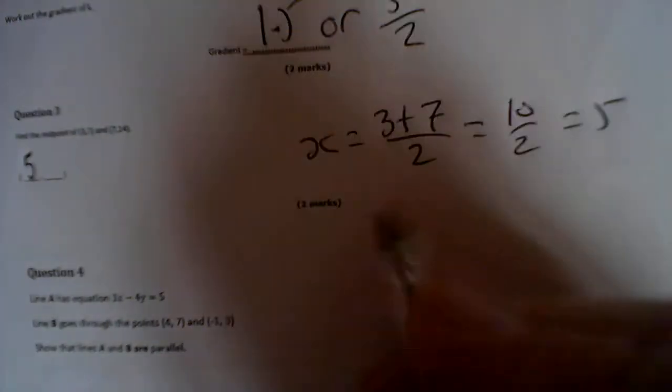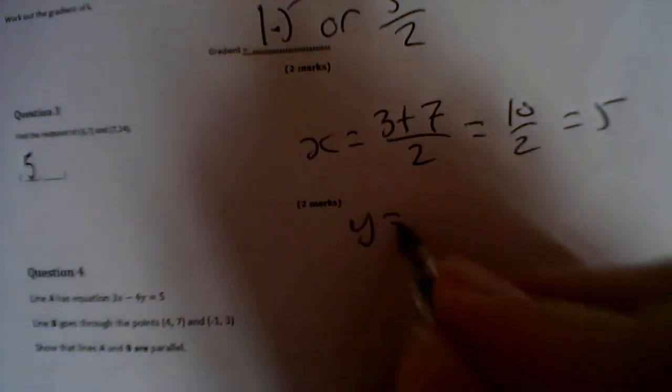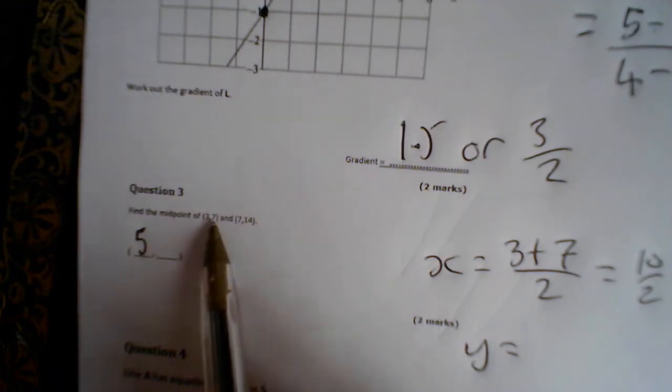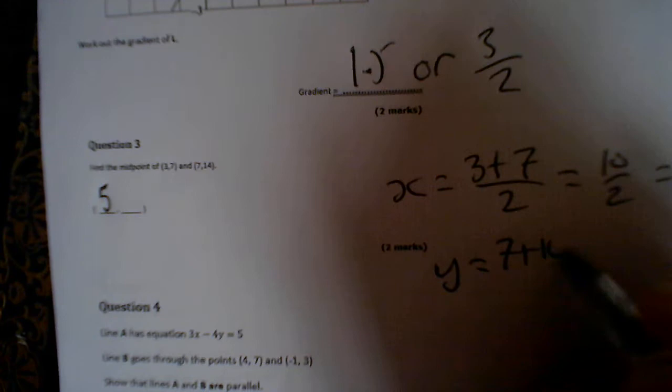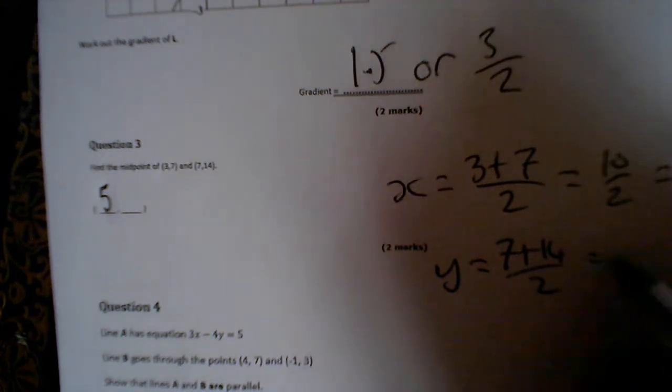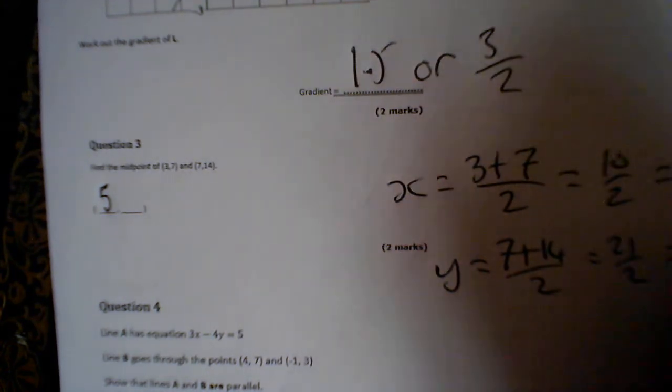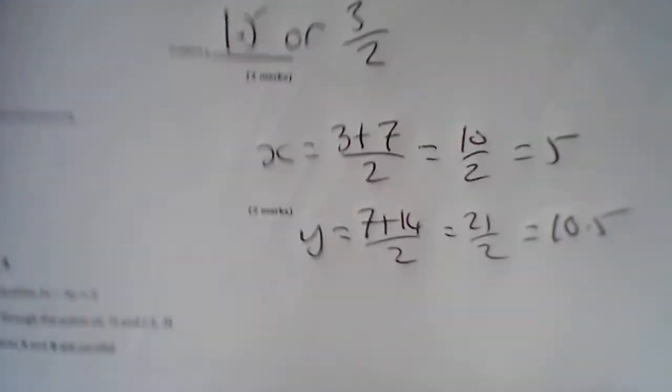And then the y midpoint, you've got the 2 points, 7 add 14 over 2, 21 over 2, 10.5 if you want to do a decimal. So 5, 10.5. That's not very tidy.